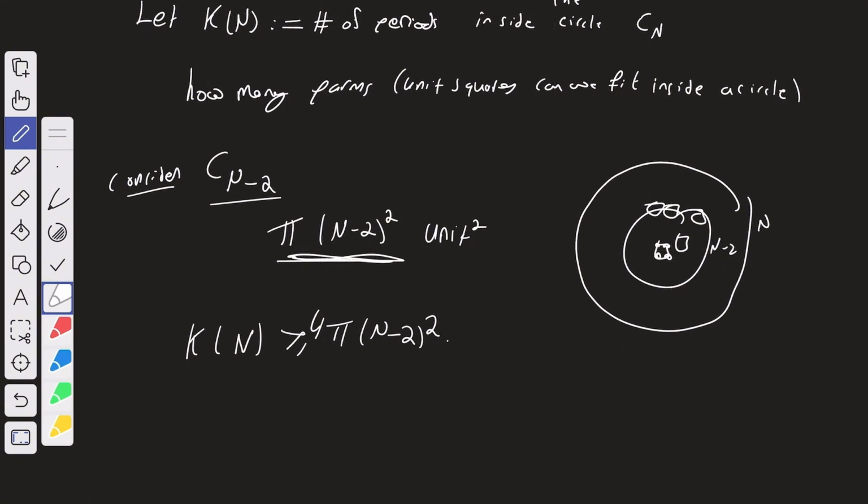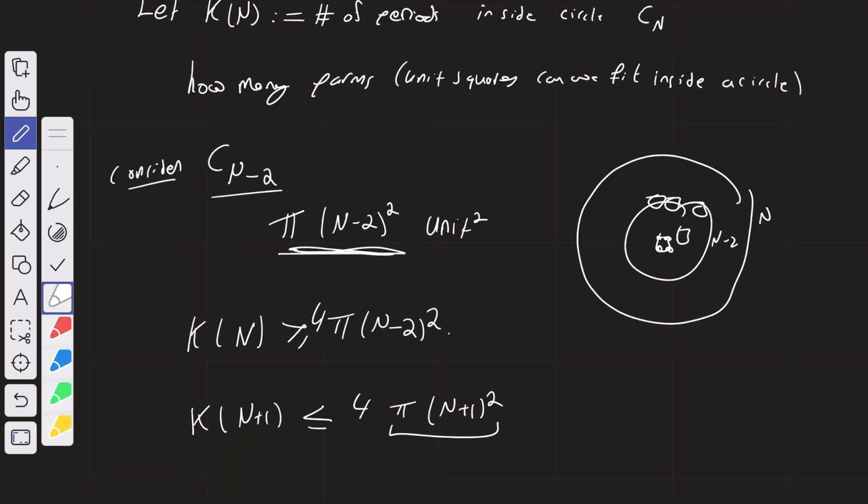And by a symmetric argument, we can show that the number of periods that are inside a circle of radius n plus 1 is less than 4 times the area of that circle, because these are the unit squares covering the circle, and each of these has 4 vertices, so it's going to be less than that many.